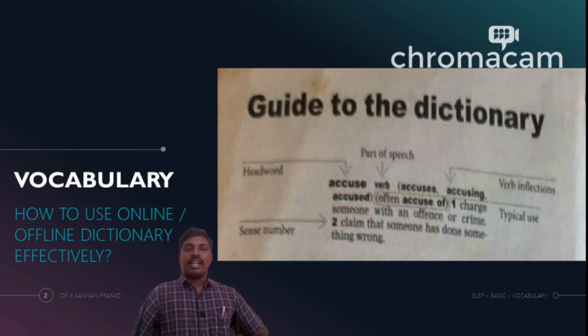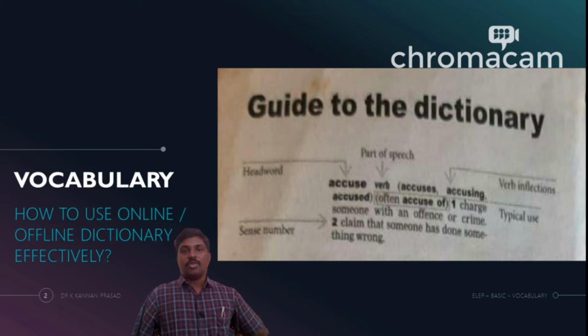Right after the head word, you have the part of speech, and that is why I told you that there are certain things which are basically necessary for you to understand how to use a dictionary. Using part of speech, like I told you, is very important in a language. A dictionary does not just give you the meaning of the word you are looking for alone.